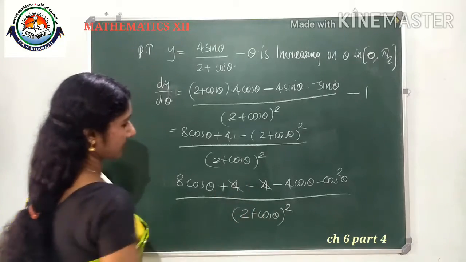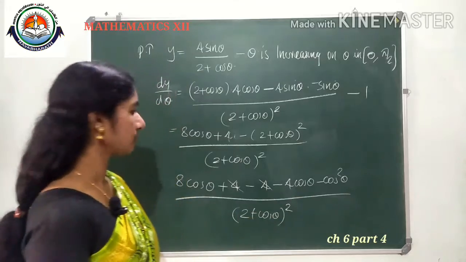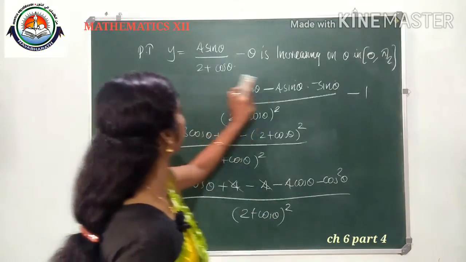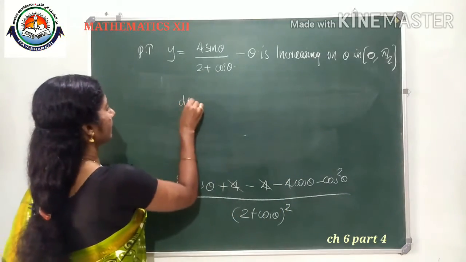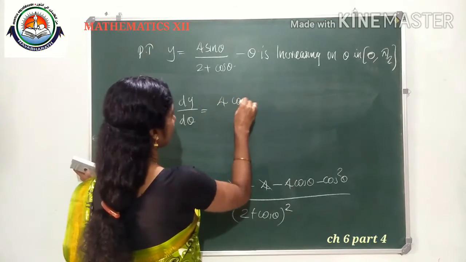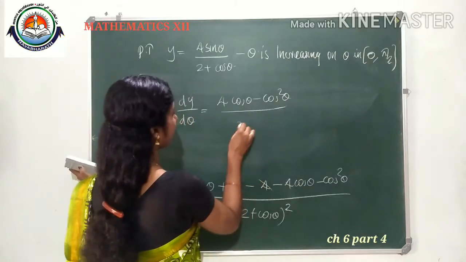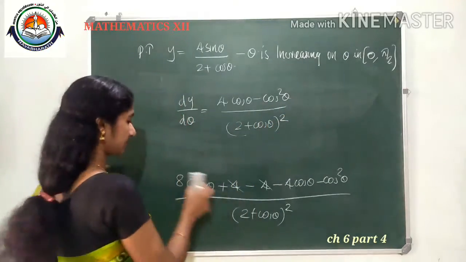Plus 4 minus 4 cancelled. 8 cos theta and minus 4 cos theta, total 4 cos theta. So 4 cos theta minus cos square theta will come. So we finally got dy by d theta equal to (4 cos theta minus cos square theta) divided by (2 plus cos theta) whole square.